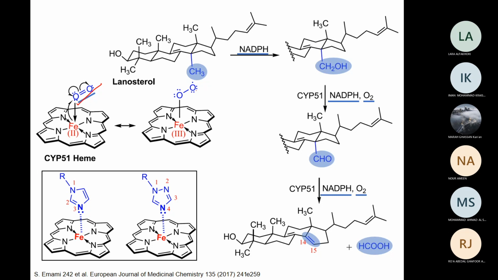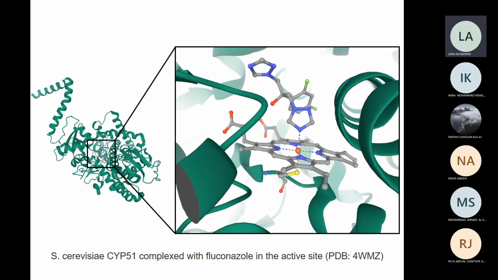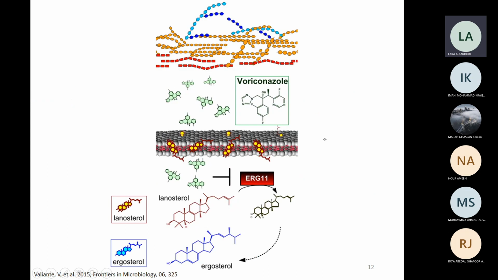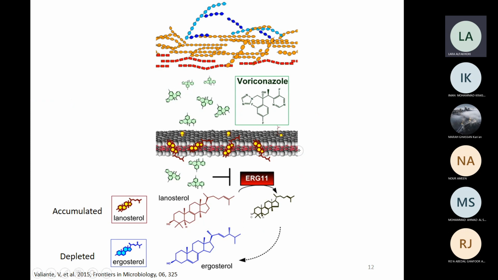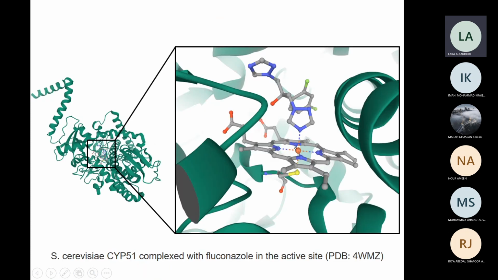Here's a crystal structure of 14 alpha demethylase bound to one of the azoles, which is fluconazole. Here is the entire enzyme, and here is a zoom in on the heme part. This is the heme, this is the iron, and as you can see, there's a coordination bond formed between the iron and the azole ring.